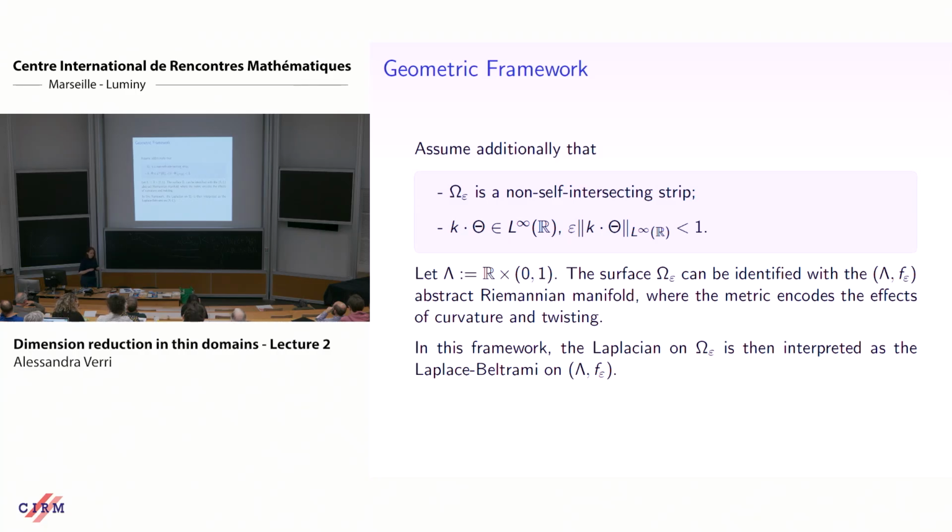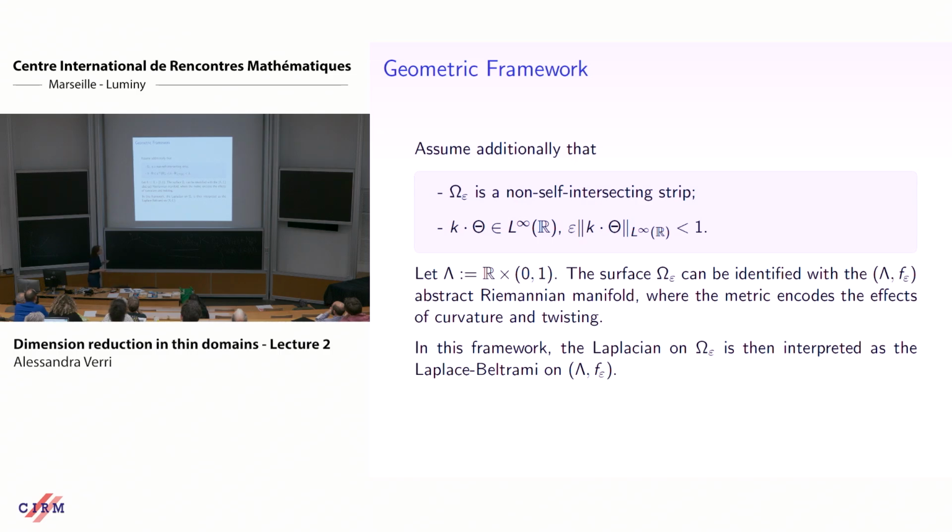So until now, we see our strips as a surface in the Euclidean space R^(n+1). To define precisely the Laplacian in these regions, we needed to take care about some points.